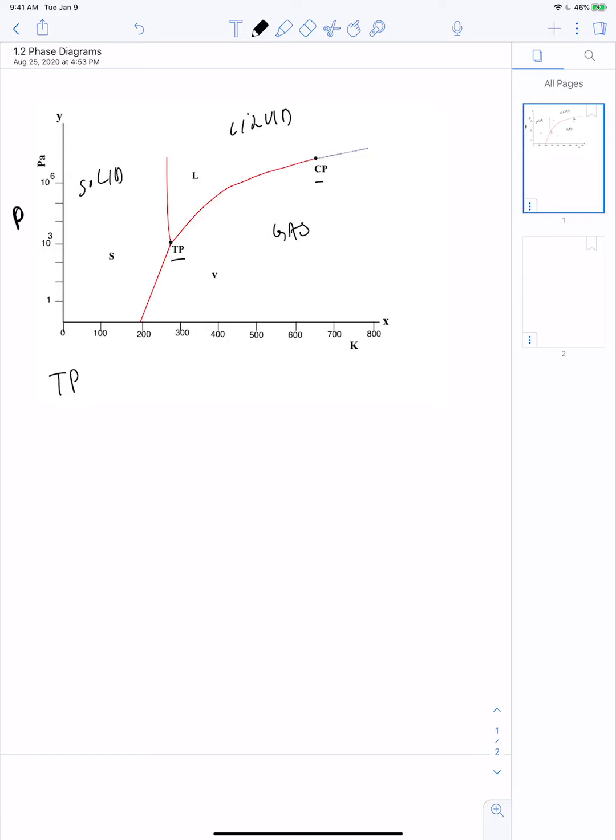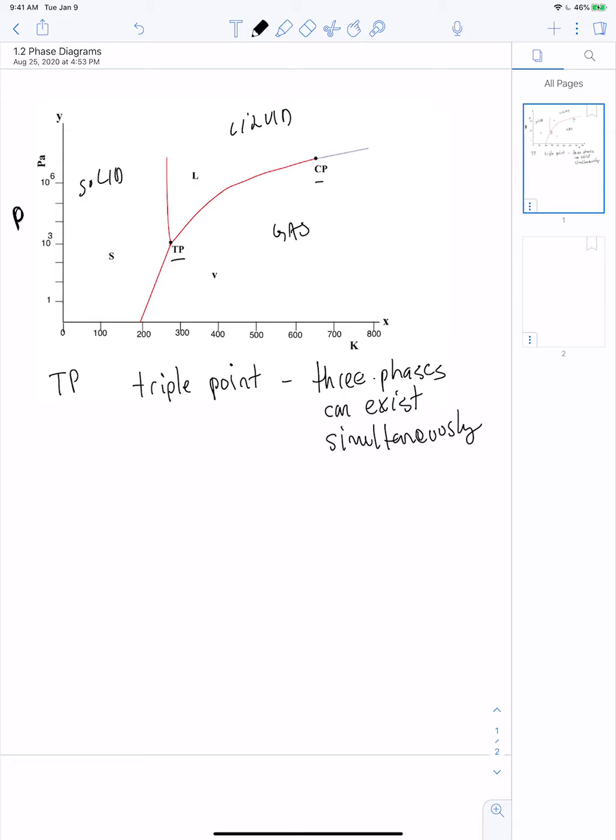The last thing is, what are these two points? TP on this chart is the triple point. This is just where all three phases can exist simultaneously.